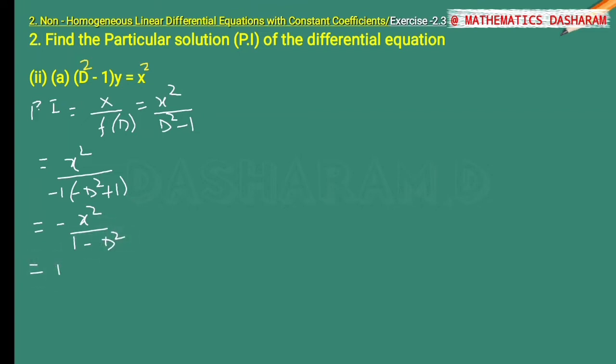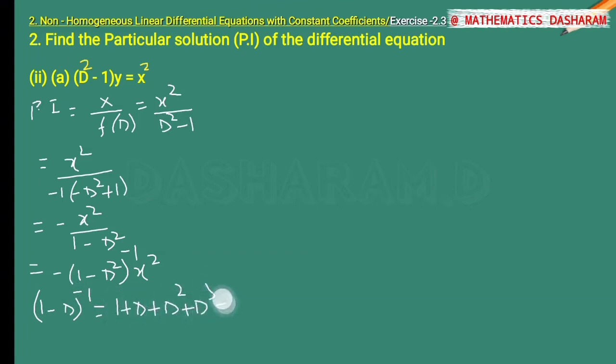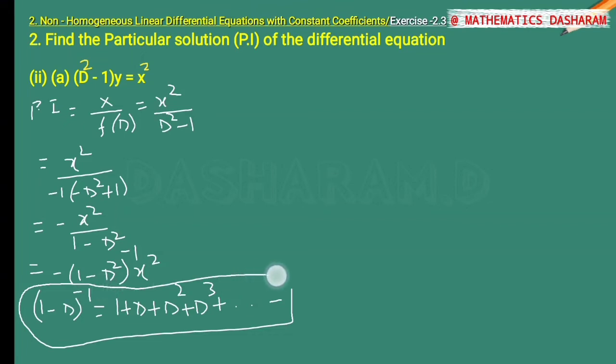So it is equal to minus (1 minus D square) whole power minus 1 into x square. The suitable formula is (1 minus D) whole power minus 1 equals 1 plus D square plus D cube plus dash. This is (1 minus D) whole power minus 1.